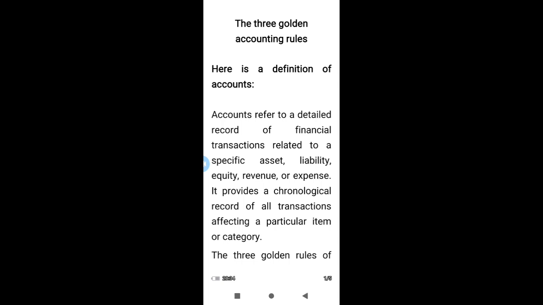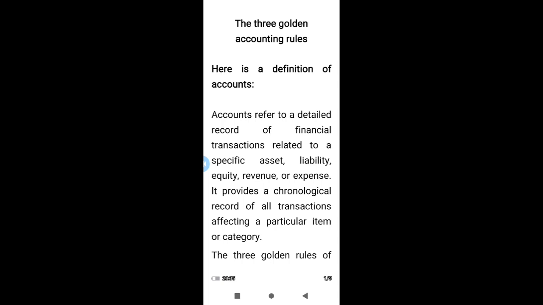The nominal accounts are the accounts of expenses and revenue. Then we have the real account. The real accounts are the assets account and the liabilities account. So we have the assets account, the liabilities account, the expenses account, the equity account, and the revenues account. Those are the 5 types of account.